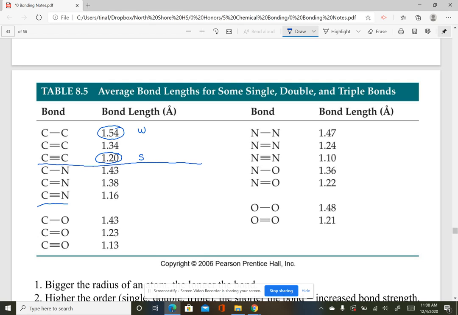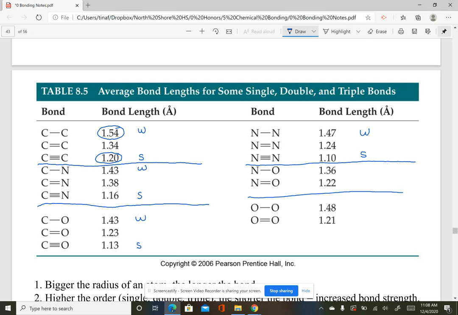When we compare C bonding to N, again, single bond is long, triple bond is shortest, and we go from weak to strong. Same thing here, weak to strong. Nitrogen, bond gets shorter, weak to strong.